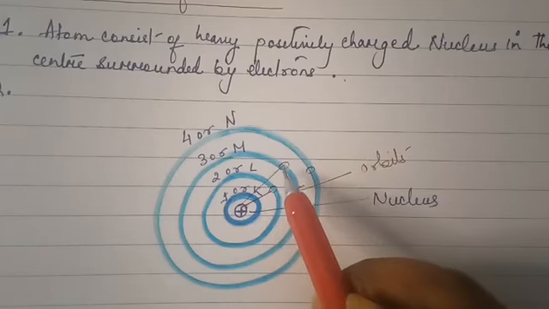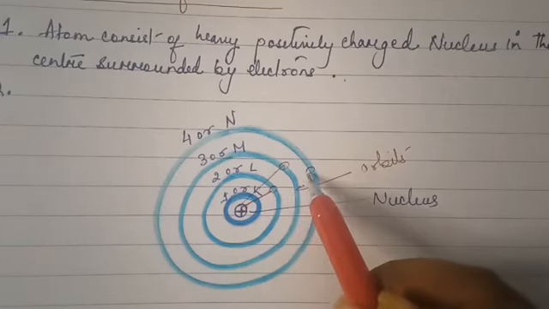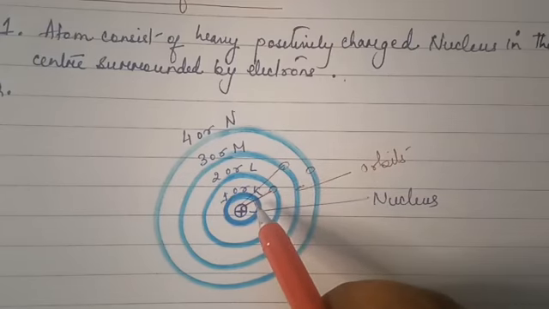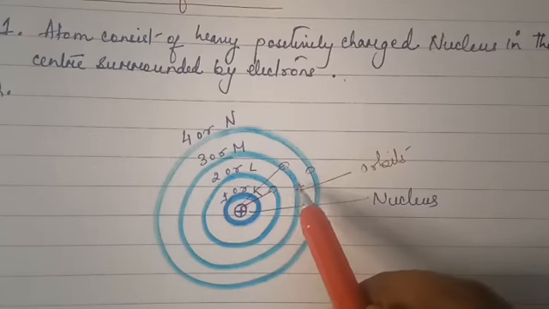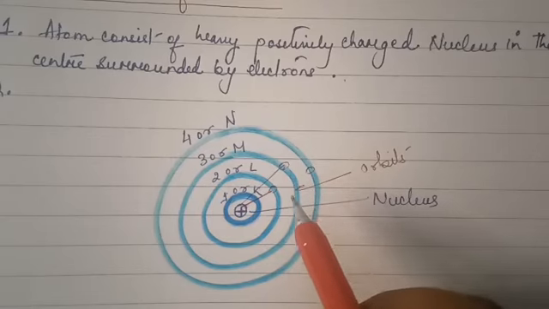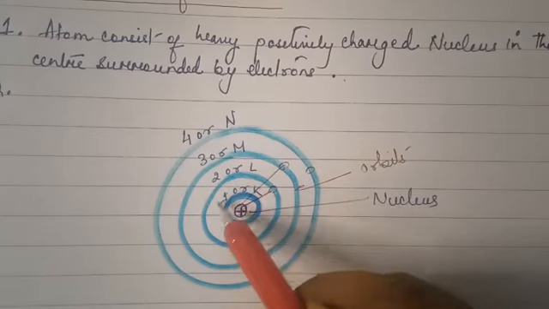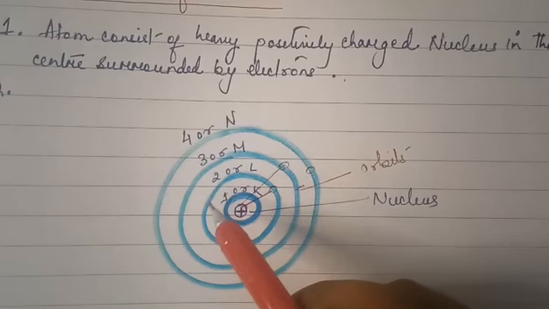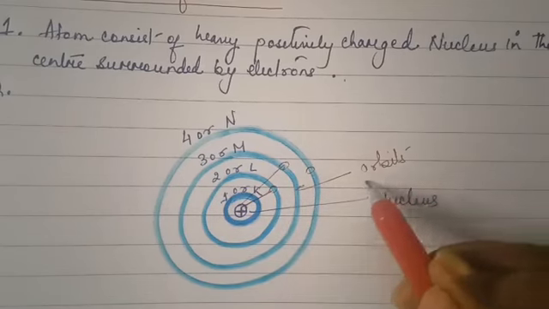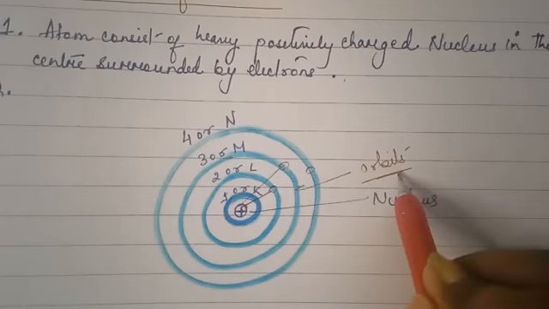This electron has a fixed radius, and this electron has a different fixed radius, and they also have different energies. The paths where the electrons travel are called orbits, as I have mentioned.